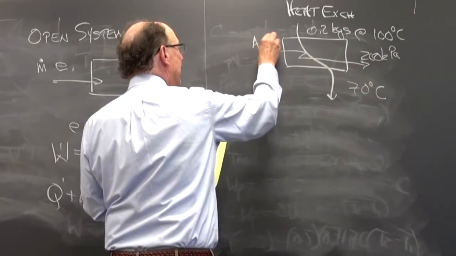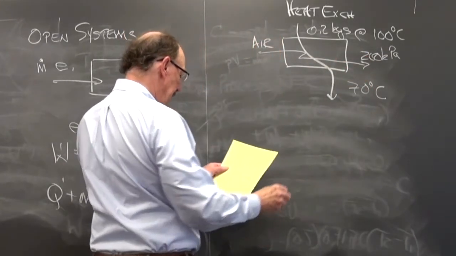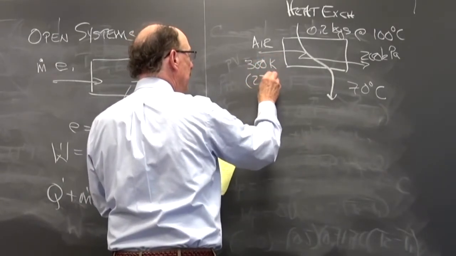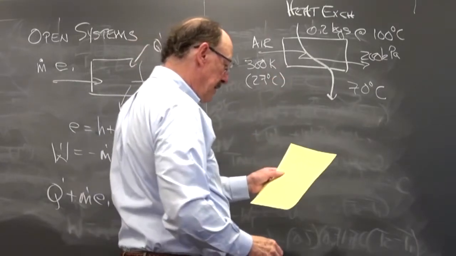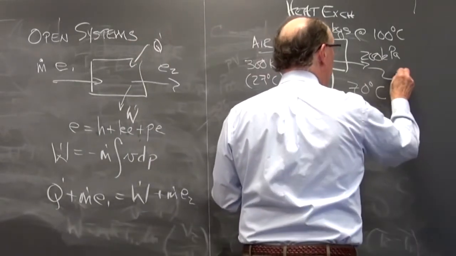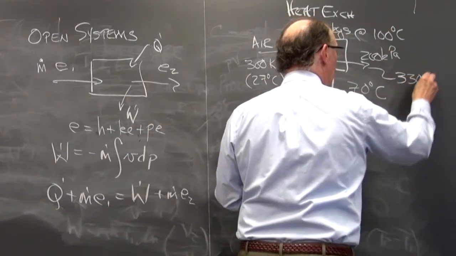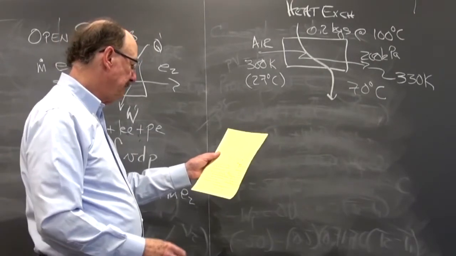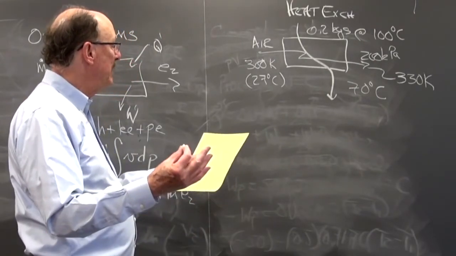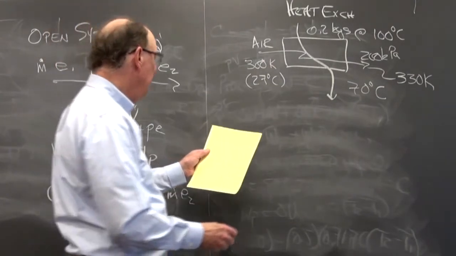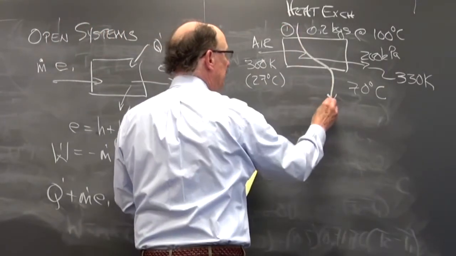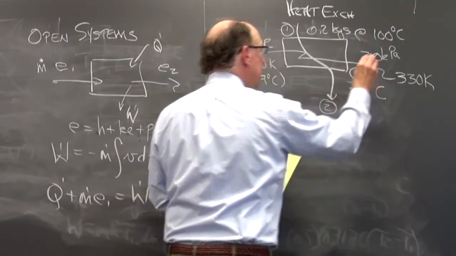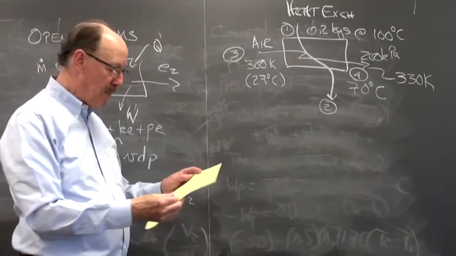So here we have the air, and we'll have the air go in at 300 K, 27 degrees C, and leave at 330 K. And now we need to find the properties of the water and the air. So with our consistent numbering, this is state 1, state 2, state 3, and state 4. We're looking at these 4 states, and we'll find the properties of them.